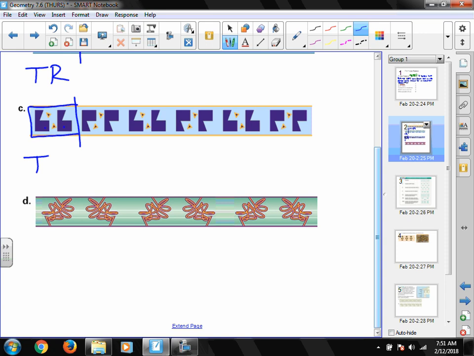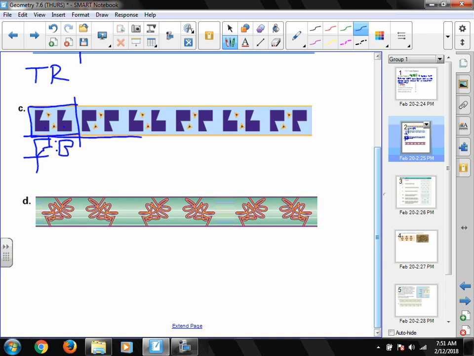If I were to reflect over this horizontal line right here, I would end up with my pieces here and here with my dots there.